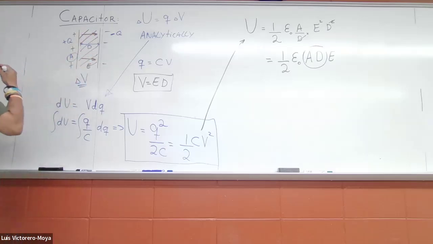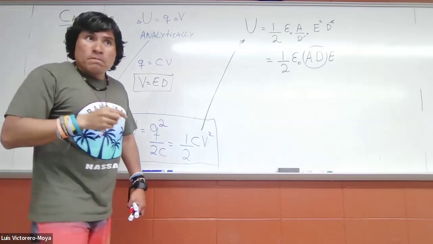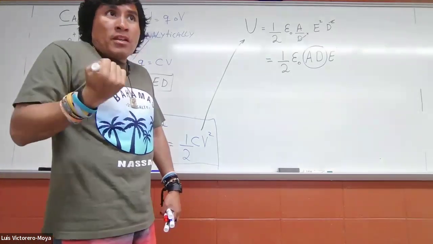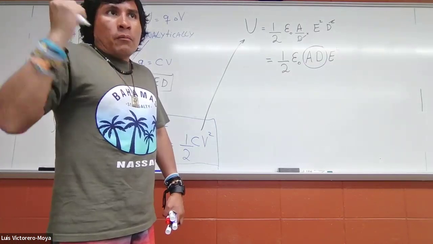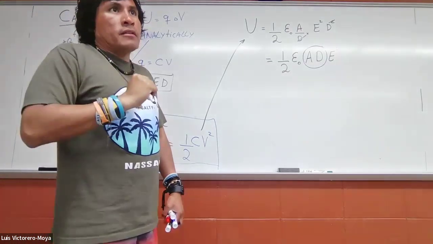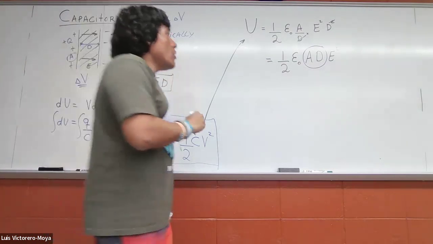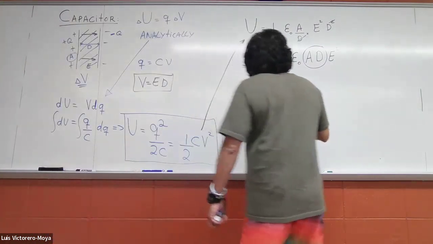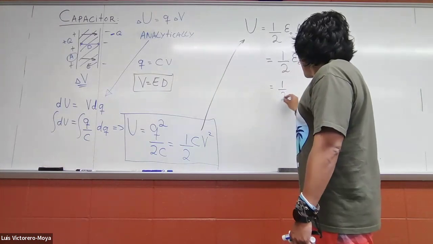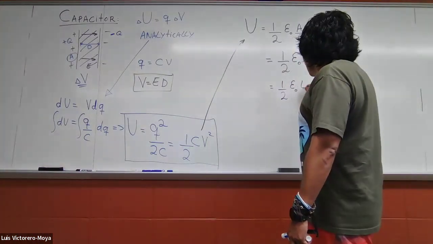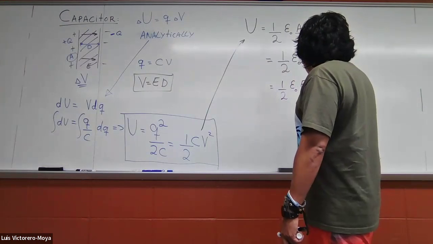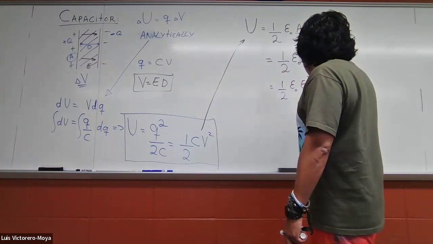Remember, a capacitor is a three-dimensional object. On the board, I just projected. So area times distance is a volume. There you are. 1/2 epsilon naught E squared times the volume of the capacitor.